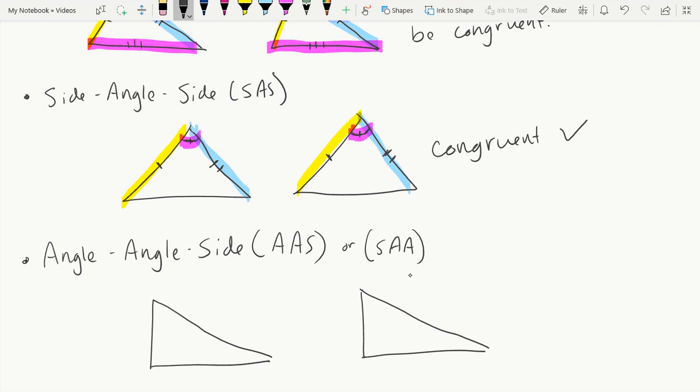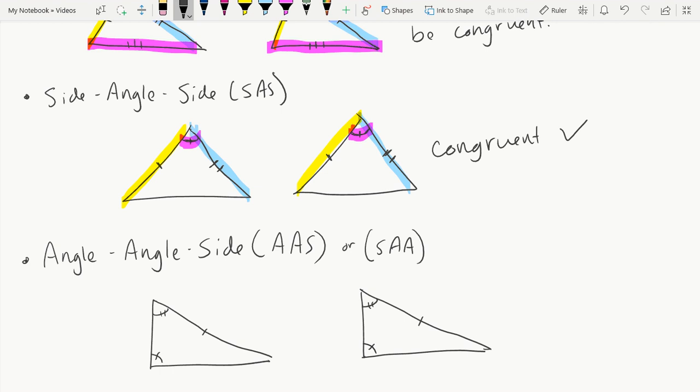And it doesn't really matter what the triangles look like. This always works. All right, so now if I know two angles, so let's say I know that angle, and I know that angle, and then a side. So let's say that this side and this side are the same.